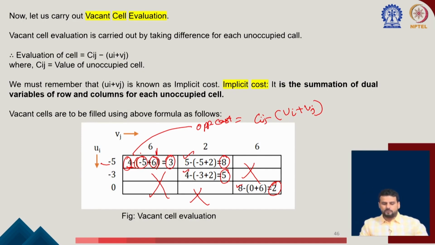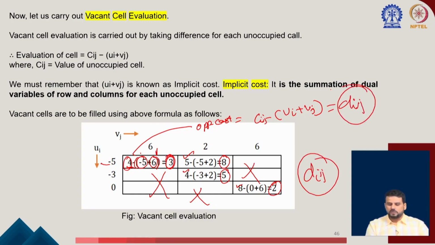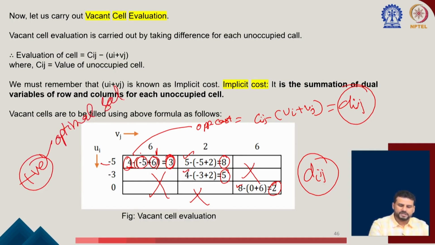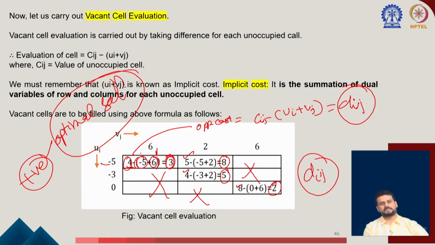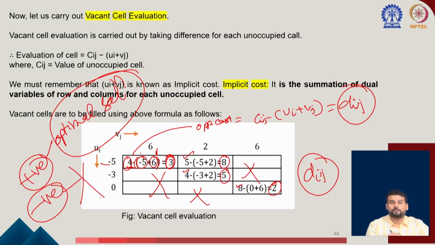Now there is a condition. These opportunity costs we are calculating are represented in most books by Dij. I am saying this is the opportunity cost. If these opportunity costs are all positive, that means this is the optimal solution and you need to stop iterating, because this is the final solution. If any Dij is negative, that means this is not optimal.